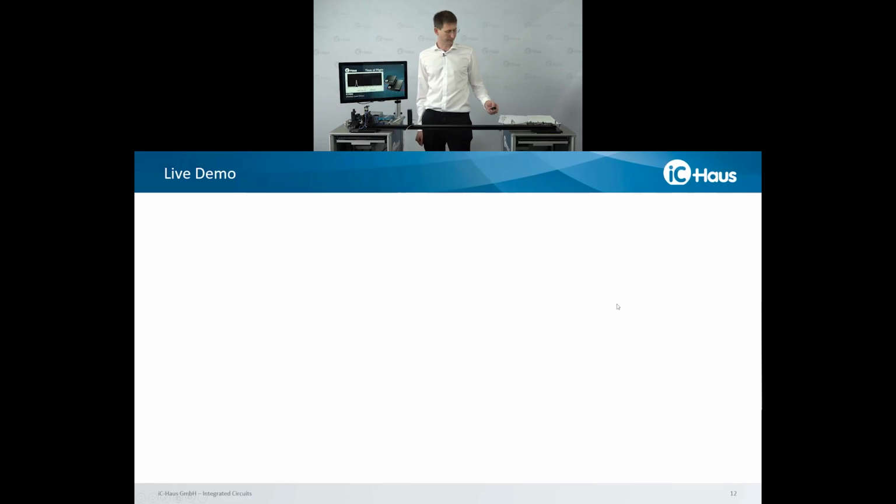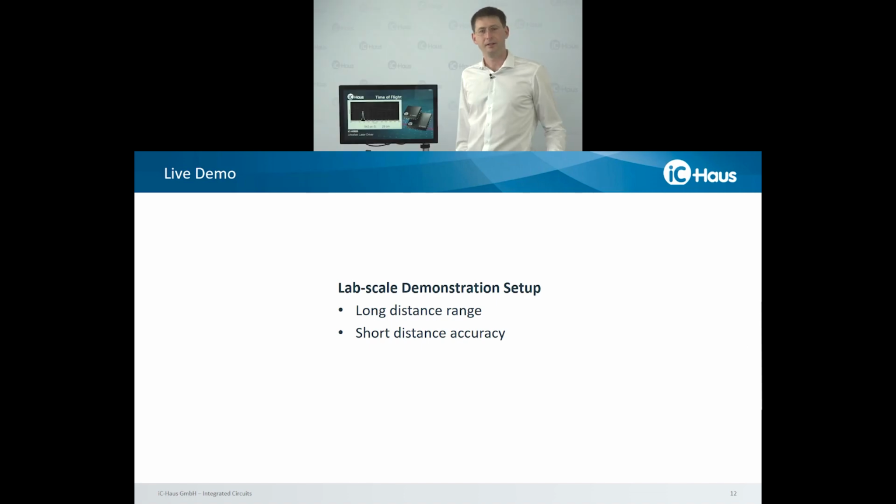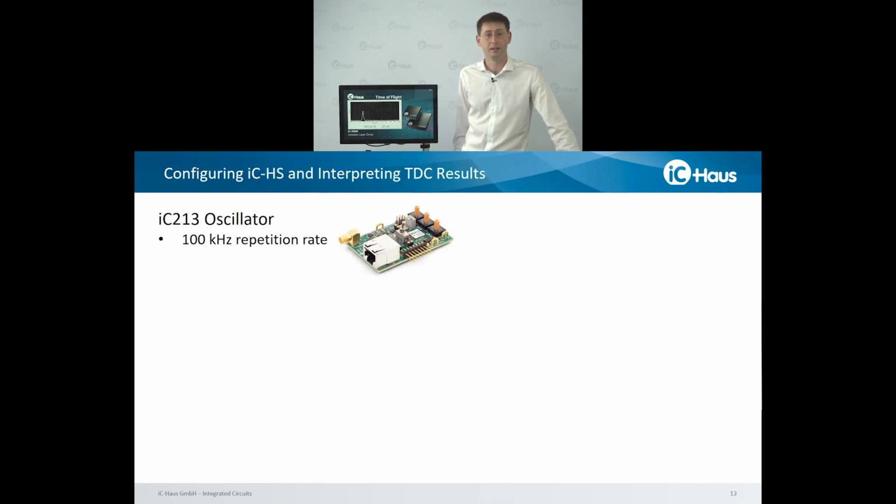So this is quite the accuracy that we can reach with the setup. I would like now to go back to the presentation and continue with a bit of details how to configure this setup, or the most important parts.